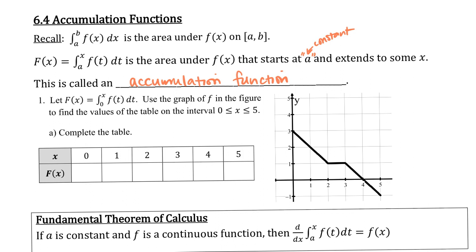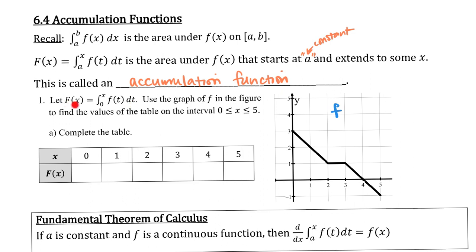Okay, so let's look at this function over here. This is going to be the graph of f of t, little f. In the figure, find the values of the table on the interval from 0 to 5, and I'm evaluating capital F, which is the integral from 0 to x of f of t dt.